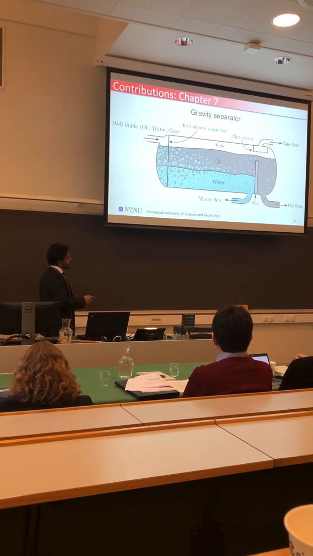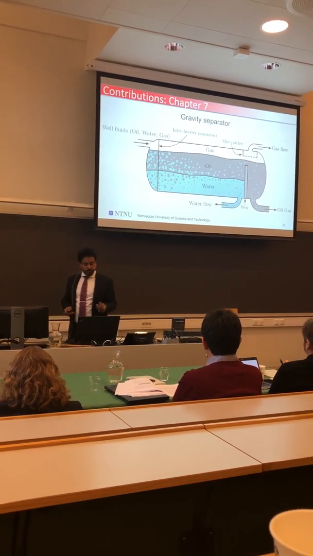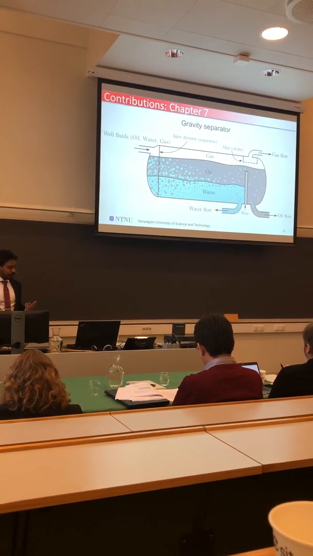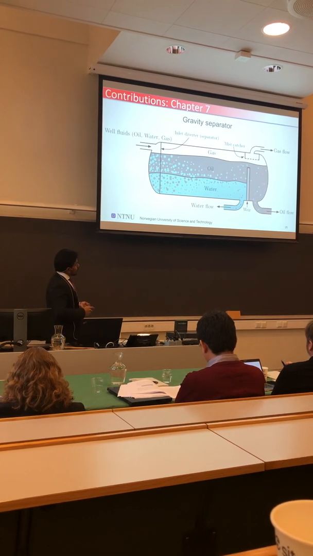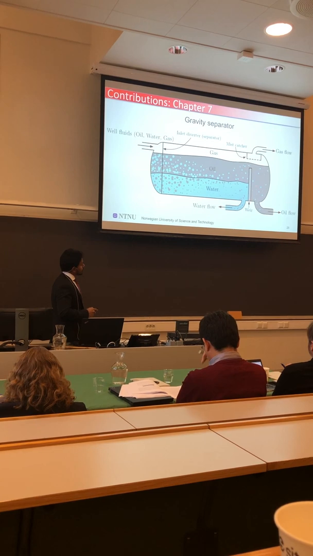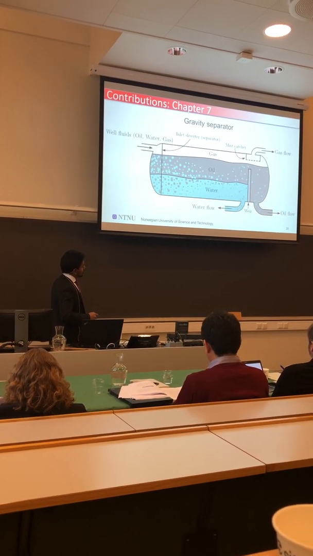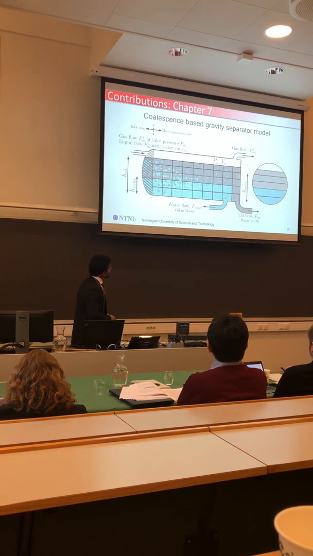And towards the end, we have a little bit cleaner oil and a little bit cleaner water. Oil cleaner of water, water cleaner of oil. And then we have a gas outflow also. And this is the weir that stands in between separating the 2 flows. And we take the water outflow here, and we take the oil outflow here.